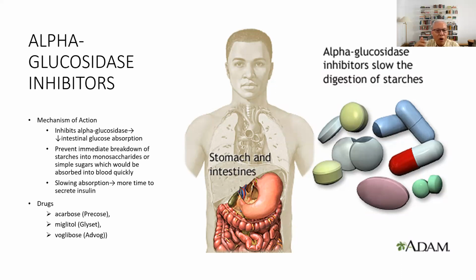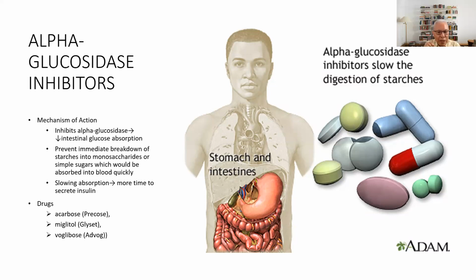More of the carbohydrate that is consumed at a meal gets absorbed further down in the GI tract toward the end of the small intestine or the colon, and therefore not a whole lot of this carbohydrate is going to be absorbed eventually to be converted into sugar.